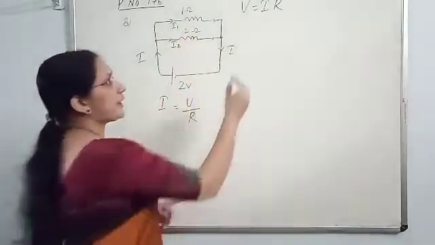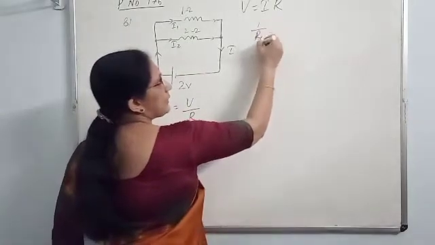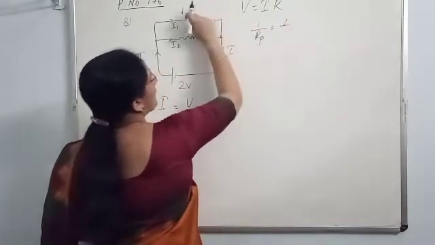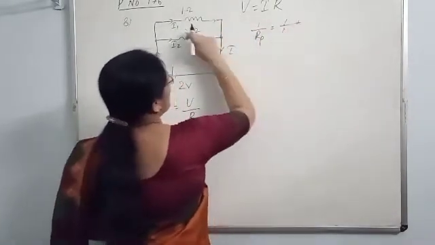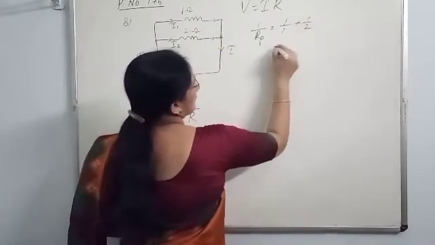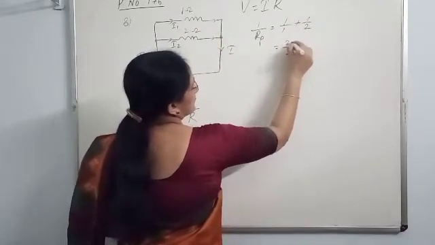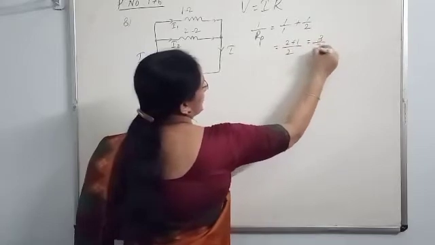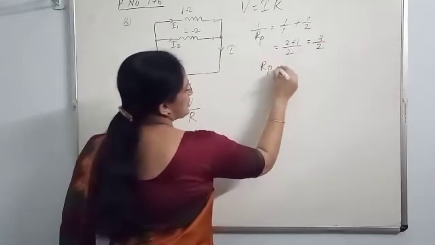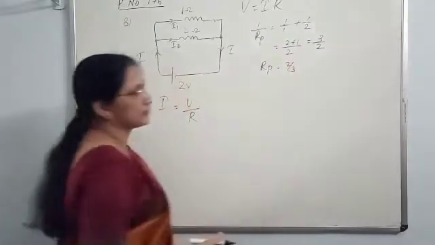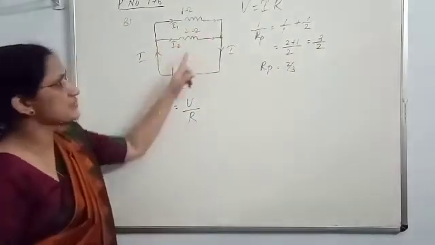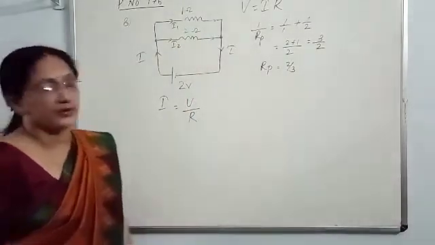Since they are in parallel, use the formula 1 by R is equal to 1 by 1 plus 1 by 2. That is 3 by 2. Therefore, RP is equal to 2 by 3. Total resistance is 2 by 3.